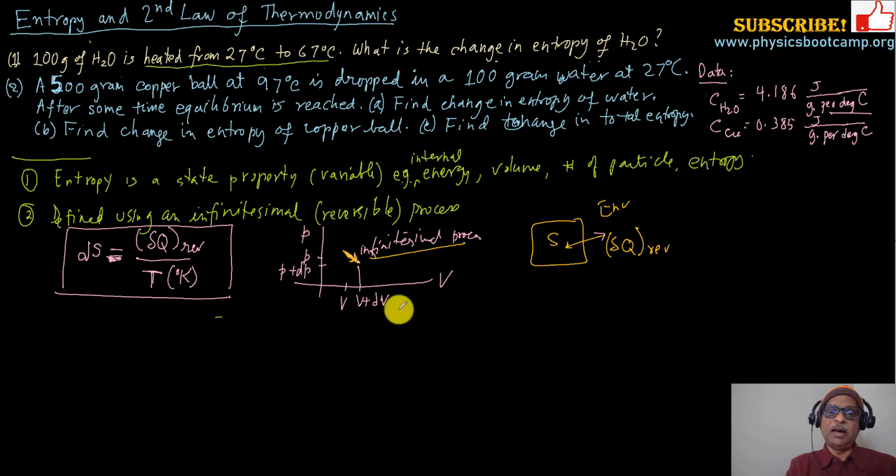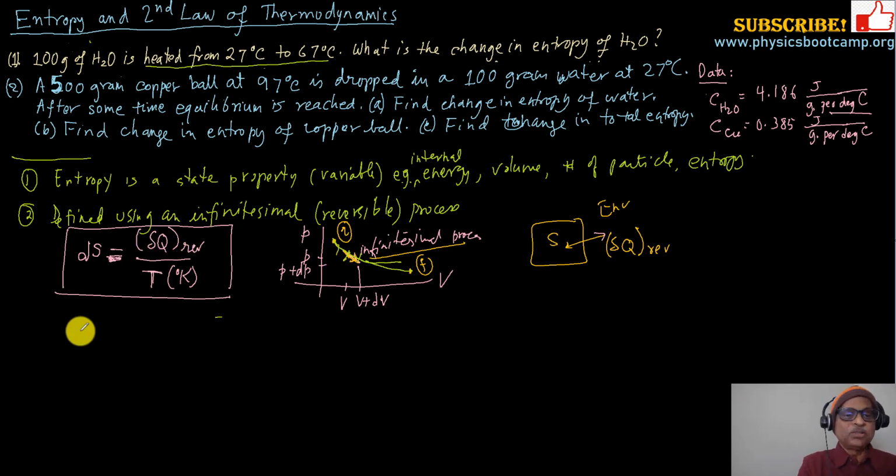For a large change, if I go from some point here to somewhere here, say this is the initial and this is the final, then I need to have an integral over the path it took. Maybe it took this path. On that path, every infinitesimal step was like that.